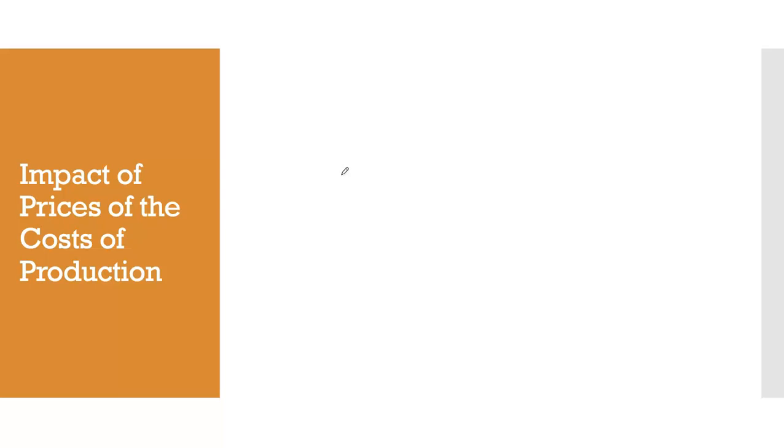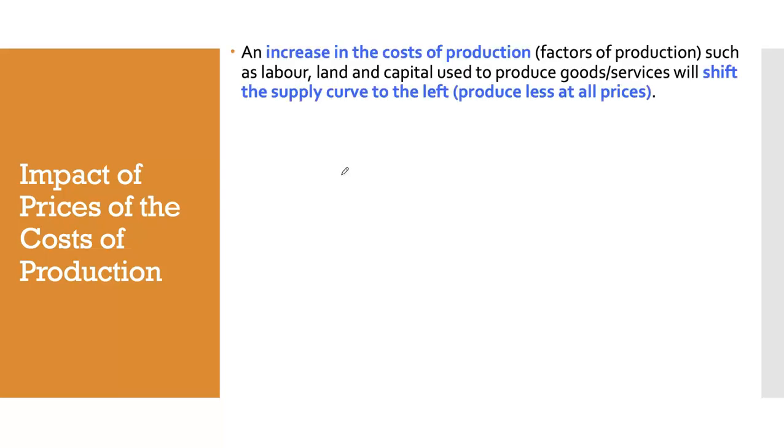Impact to the prices of cost of production is one of them. An increase in the cost of production, so how much it's going to cost you to actually produce the good, will shift the supply curve to the left. I am prepared to produce less at all prices. Why? Because my profit equals all my revenues minus my expenses.